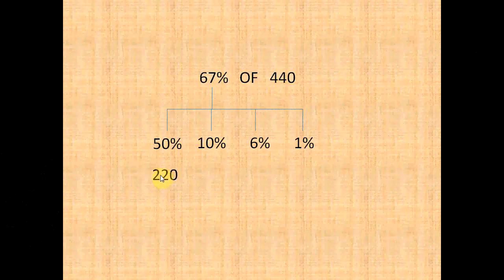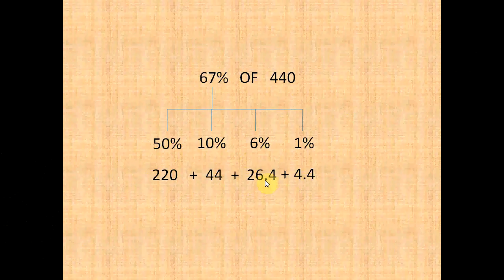50% will be 220, 10% will be 44. I add them up to get 264 as my 60%. 1/10 of it is going to give me 6% as 26.4. Now I'll simply add another 1%, that is 4.4, to it to obtain the answer very easily. I need to sum it up, of course.